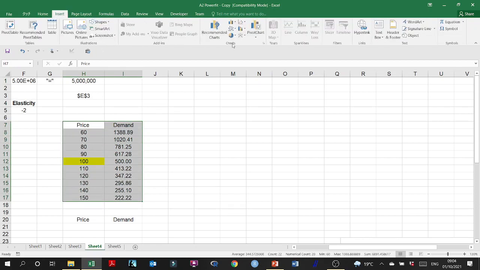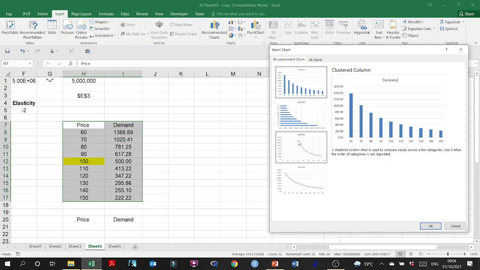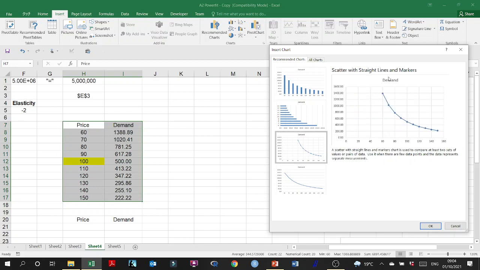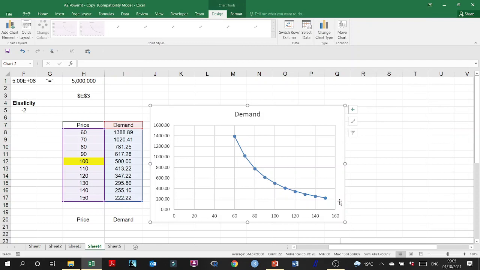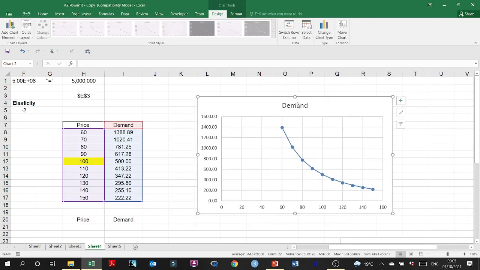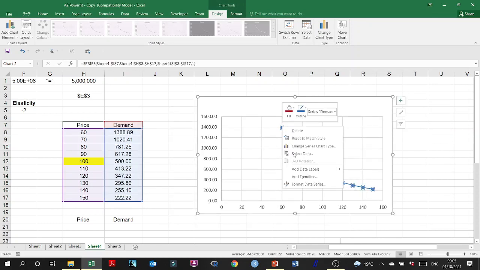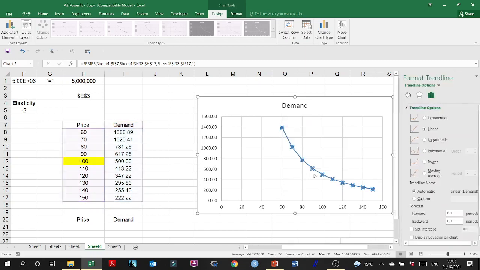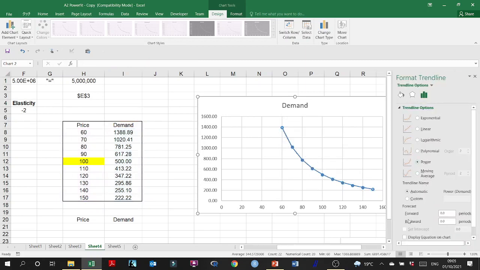And go to insert. And on the chart, use the scatter with straight lines and markers. I like this one. Not the line. Please use the scatter. And then you can right click and add the trend line. I specified it as power, not exponential, not anything else.